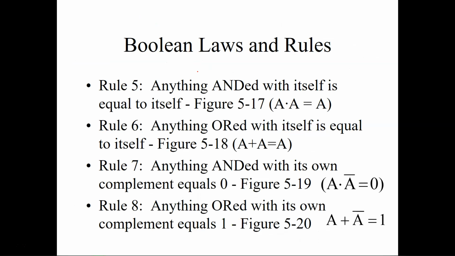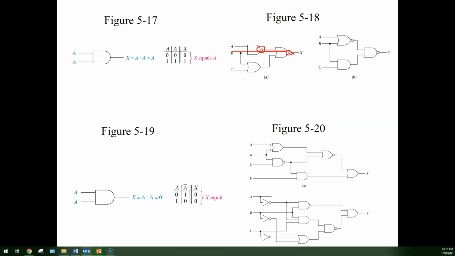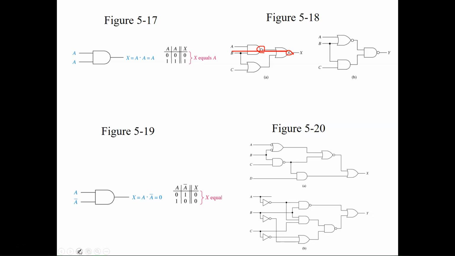Anything ORed with itself is equal to itself. So anything that is ORed to itself is going to equal out. Now if you notice, we're starting to use NAND and NOR with this. Pay attention to those guys.